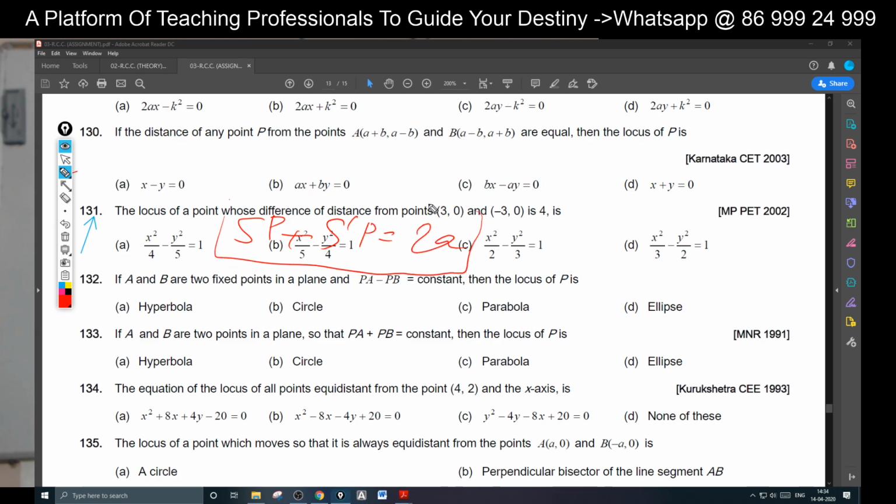If you remember, yesterday I discussed this. This becomes an ellipse.